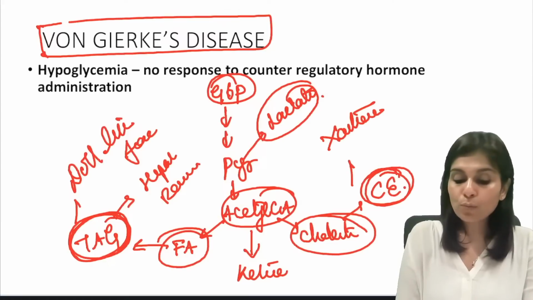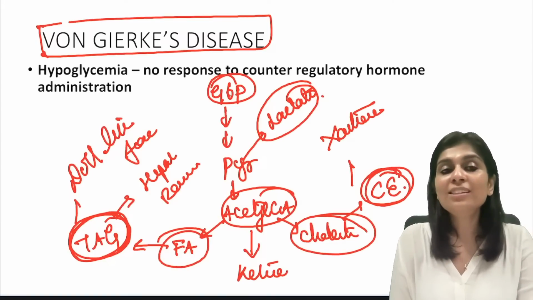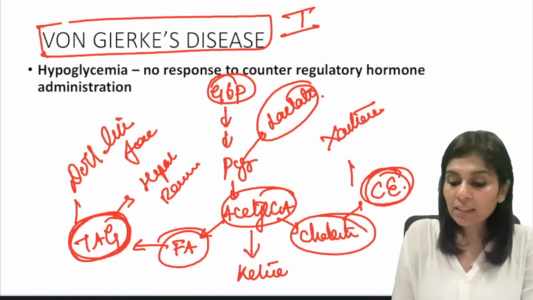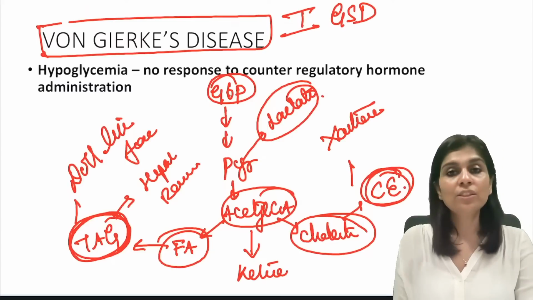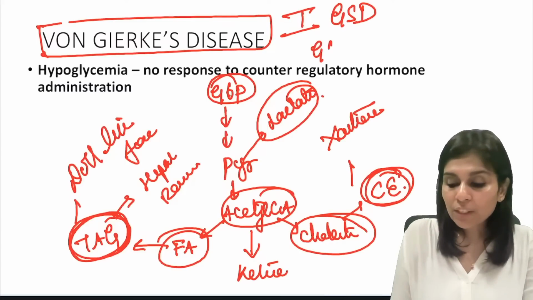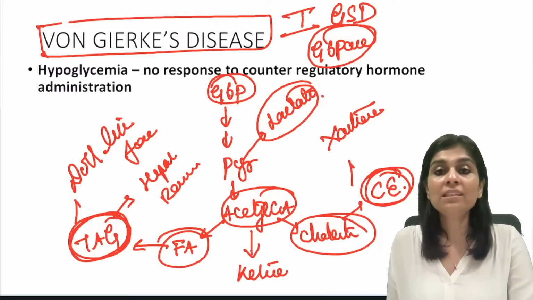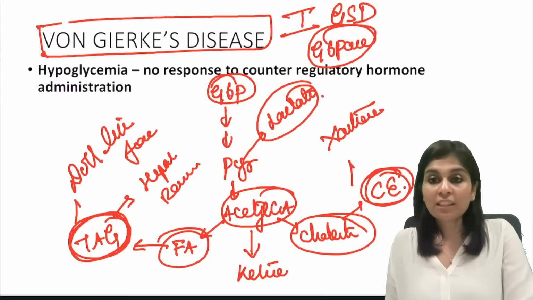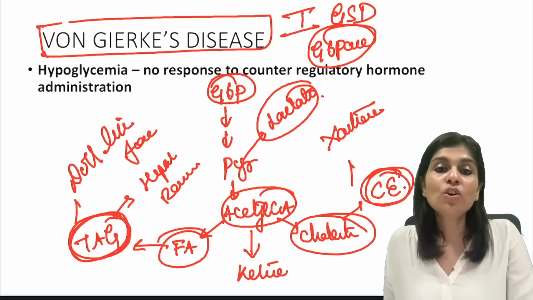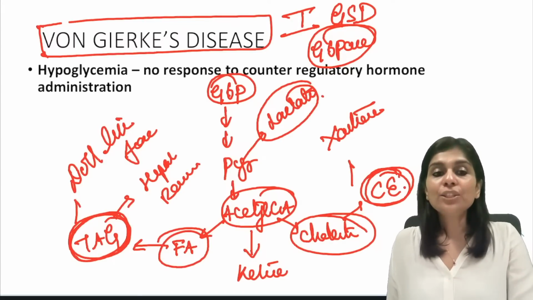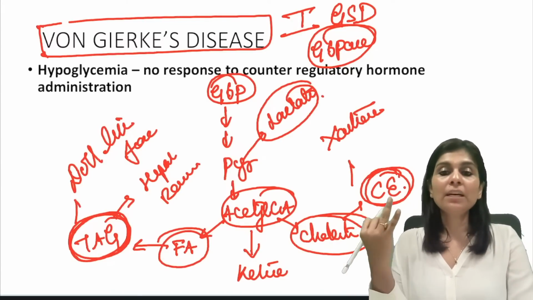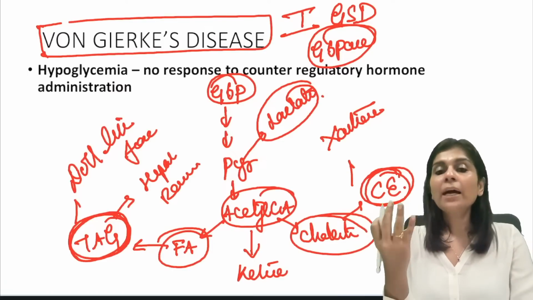So tell me, what is von Gierke's disease? Von is 1. Von Gierke's disease is type 1 glycogen storage disorder, wherein the defective enzyme is glucose 6-phosphatase. It presents as hypoglycemia which does not respond to counter-regulatory hormone administration. Additionally, there is hypertriglyceridemia and hypercholesterolemia.